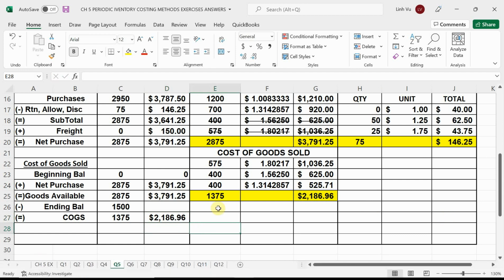Right? So then, what is my ending inventory going to be? $125? Okay, let's see. Equals sum.